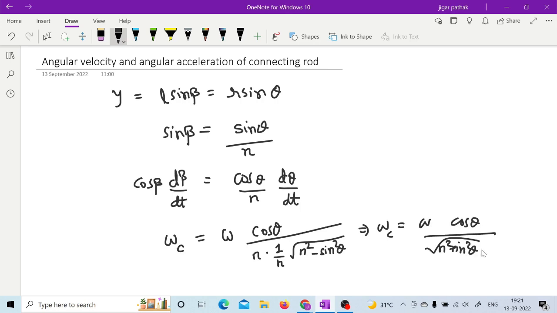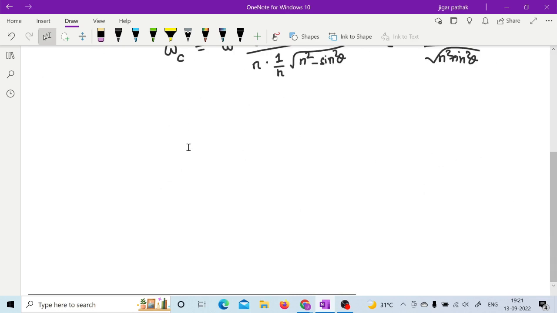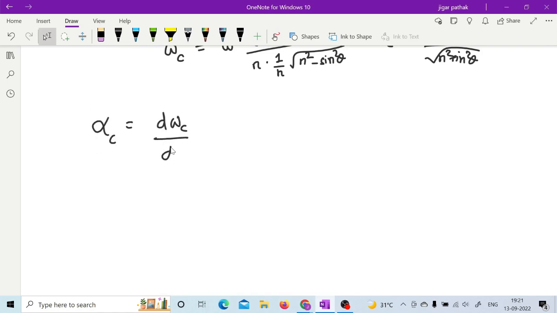So once you have calculated your omega c, then again it is just a matter of differentiating it with respect to time in order to get the angular acceleration of your connecting rod. So if you differentiate this, d omega c by d theta into again d theta by dt, right?